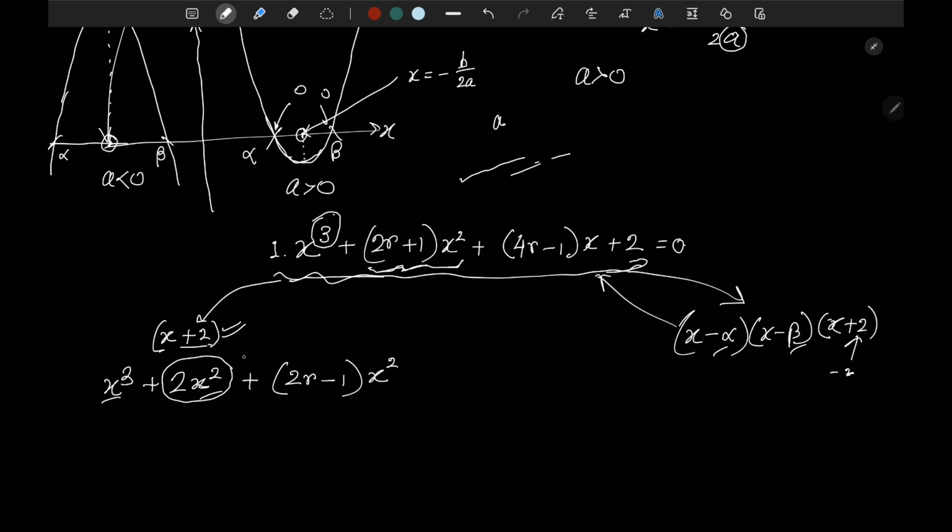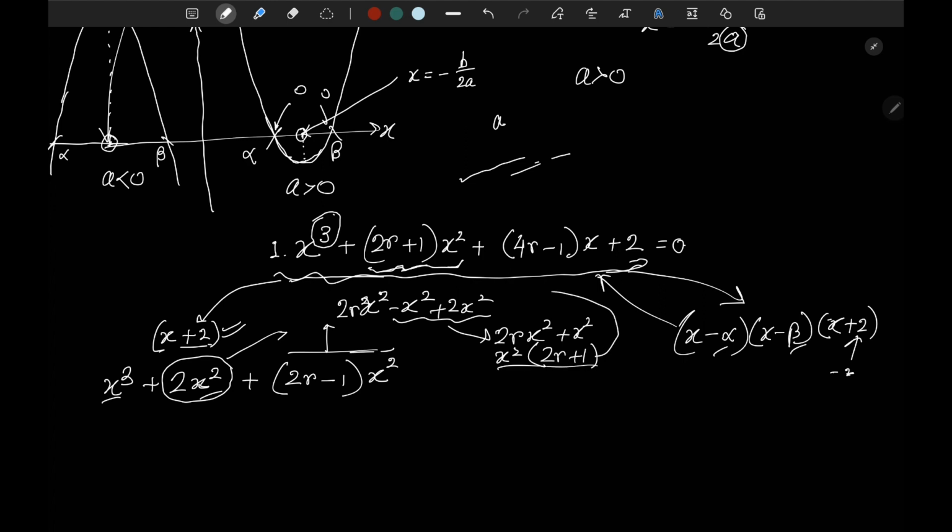Why? Because let's break this open. This is your 2r x square minus x square, and from here you have plus 2x square. So this becomes 2r x square plus x square, and if you take x square common, this becomes 2r plus 1, right? You have this one back. Okay, so up till this is done.